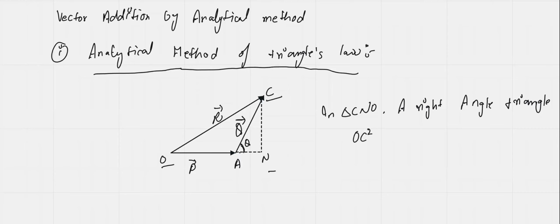OC as a magnitude will be equal to, because vectors we write with a cap, magnitudes we write just plain or with the modulus. These two are the representations of magnitude, and I am using this for simplification.